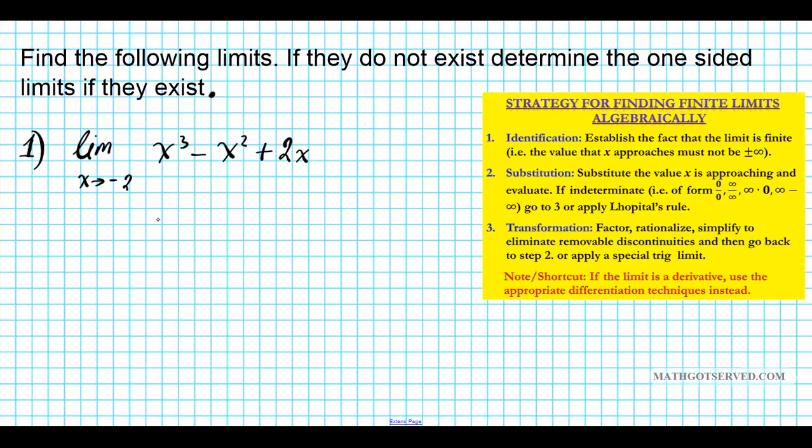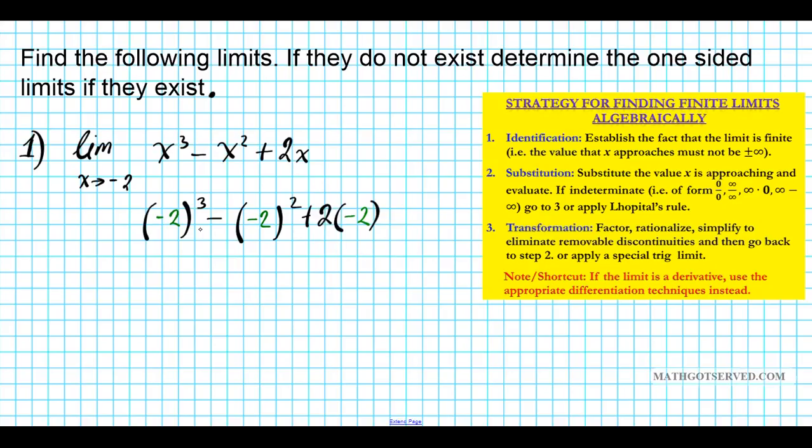So we are going to have (-2) to the third power minus (-2) squared plus 2 times (-2). Now this is a simple arithmetic problem that we can just evaluate using order of operations.